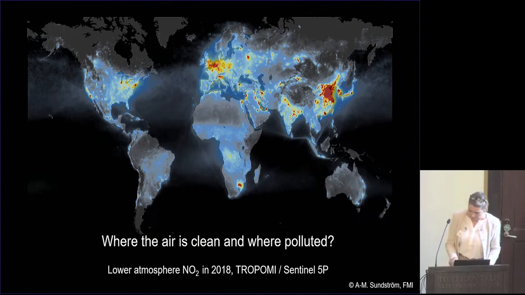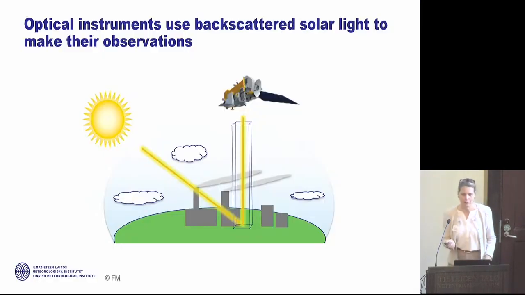All right. I will then say a few words about how that type of satellites make their observations. For measuring air pollution and greenhouse gases, optical instruments are favorable, and they typically use sunlight as the source for the observations.